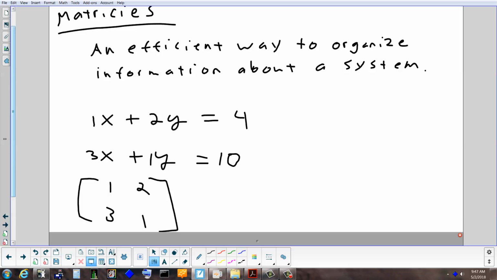That would be a matrix that represents the left-hand side. You don't write any letters the way we're going to solve it tomorrow. Just a 1, a 2, a 3, and a 1. And on the other side, we do a separate matrix for that, 4 and a 10. Those brackets represent a matrix.